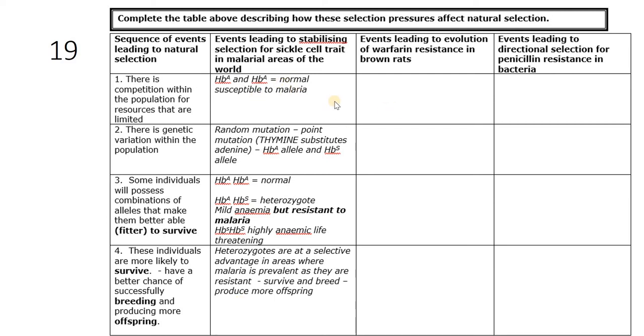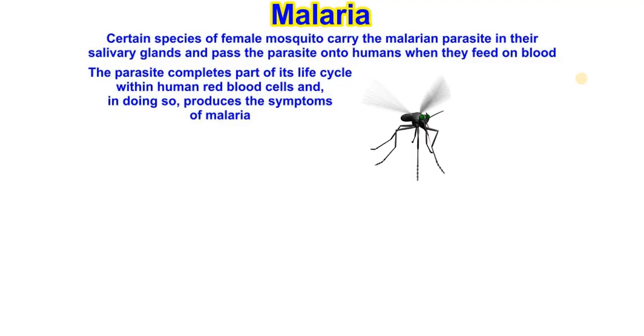And we've given you one example, which is stabilizing selection, sickle cell trait, and malaria. So that would be the first one. I'll chat through that, and then we've got a rats example with warfarin and bacteria example with penicillin. So let's chat about those.